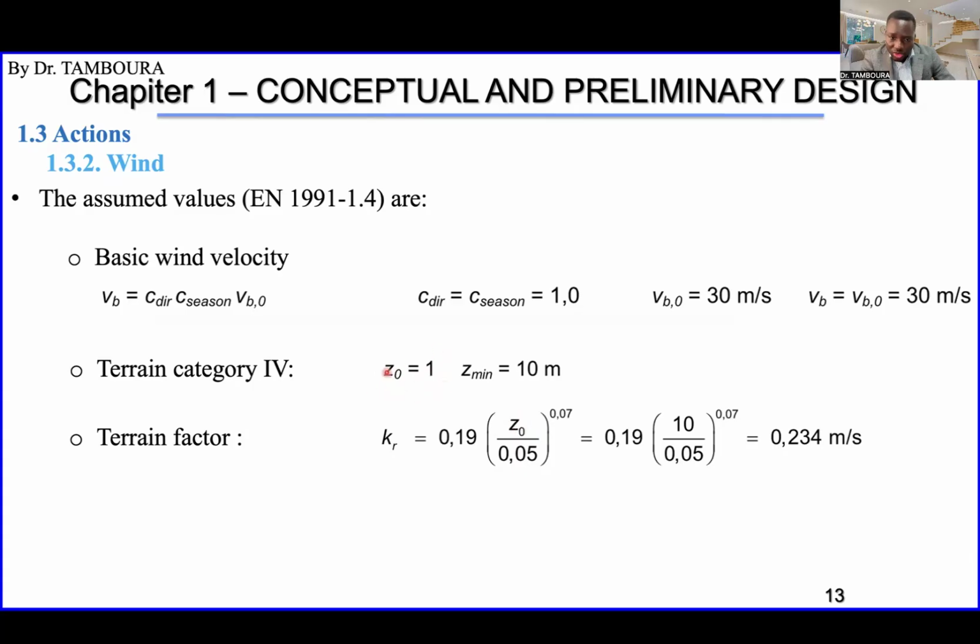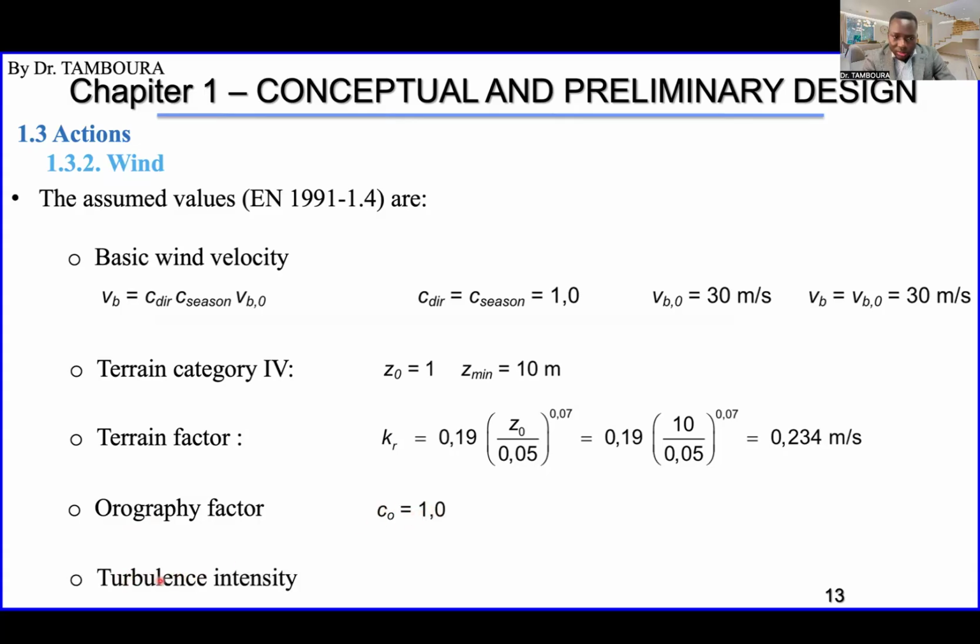As you saw in the previous slides, this Z0 depends on the terrain category. So this is what we have as value of KR. So where do we need to use this KR? Why do we need it? Orographic factor C0 is 1.